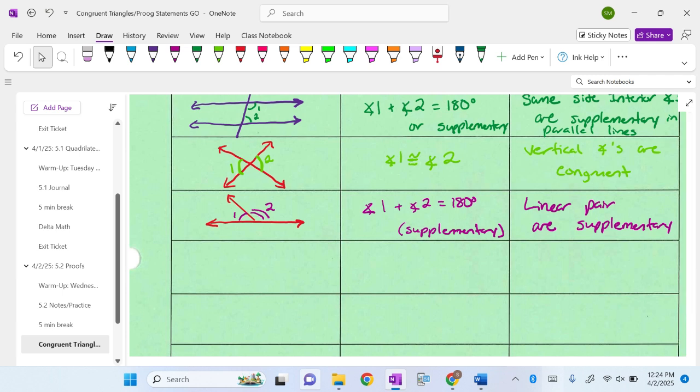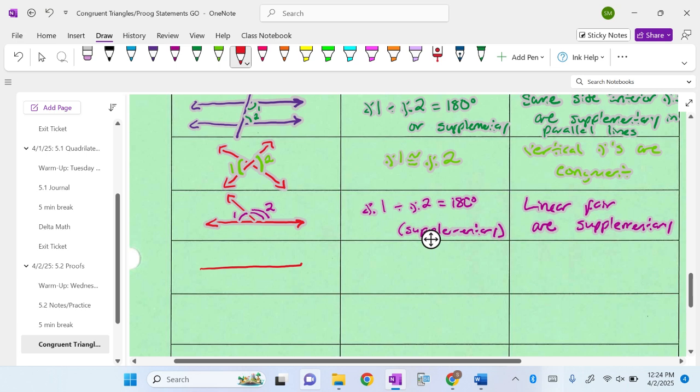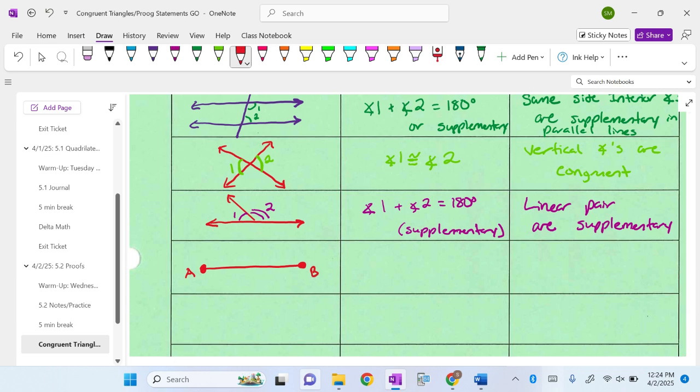The next one. So let's say we had a segment AB, and it has a midpoint M. So M is a midpoint. Does anyone remember what a midpoint means?